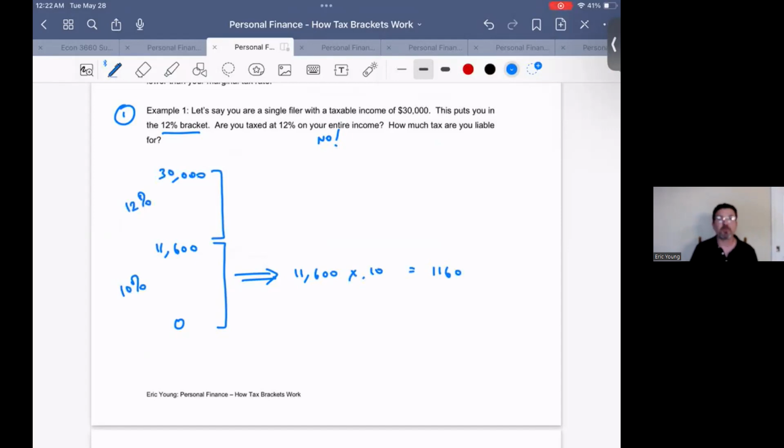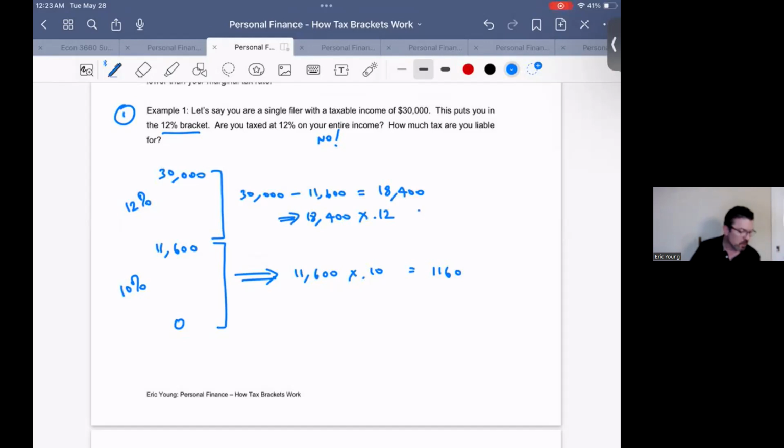Since the 12% bracket starts at 11,600, then 30,000 minus 11,600 is 18,400. It is that 18,400 that is taxed at 12%. Again, the whole 30,000 is not taxed at 12%, just the marginal or additional income above, in this case, 11,600.